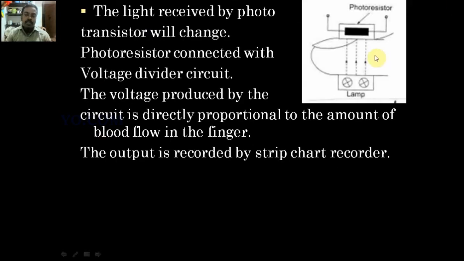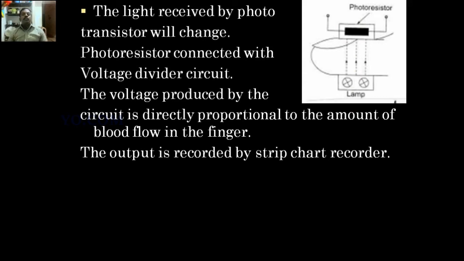So this is the setup. This is a human finger. This is a lamp or LED that produces light. The light passes upward, and here we have the photoresistor. The light received by the photoresistor or phototransistor will change. The photoresistor is connected with a voltage divider circuit. The voltage produced by the circuit is directly proportional to the amount of blood flow in the finger.